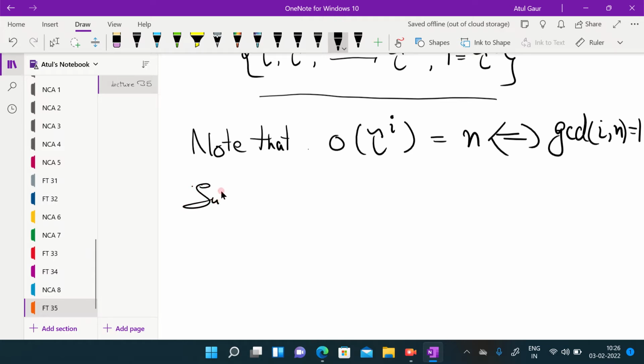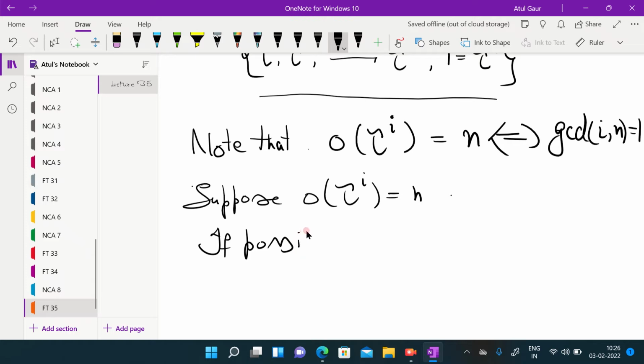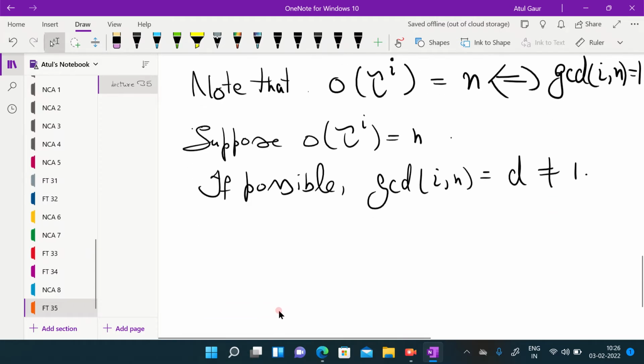Suppose the order of tau power i is n, and suppose the GCD is not 1. Let's call it d. d is not 1. If d is not 1, then what will happen?